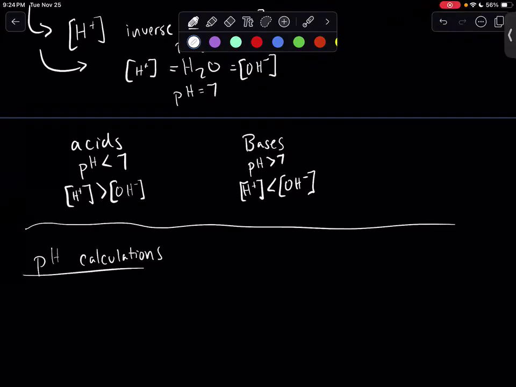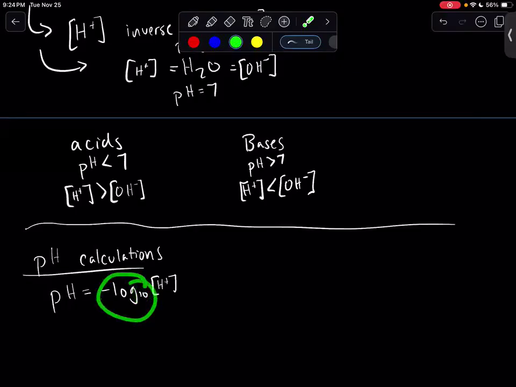So when we look at pH calculations, we'll remind ourselves of that equation, negative log base 10 of our H plus. And we'll notice that this is, again, a logarithmic scale, base 10.